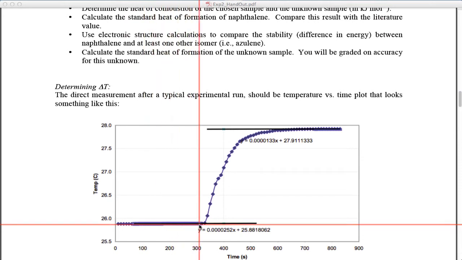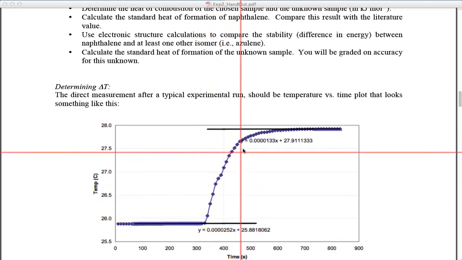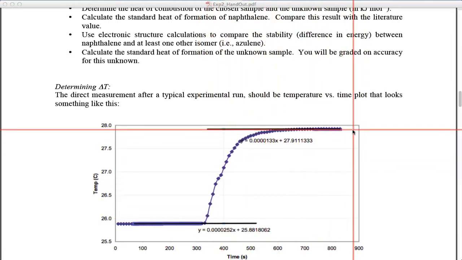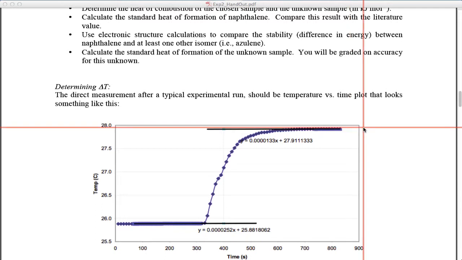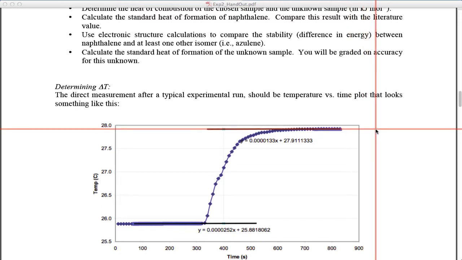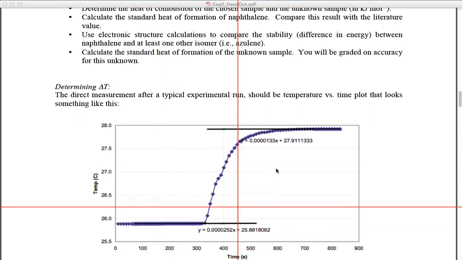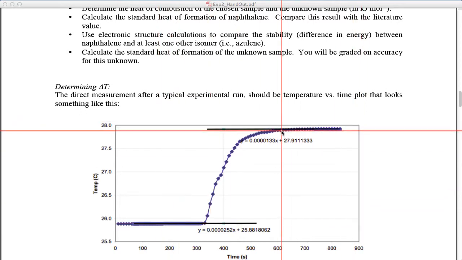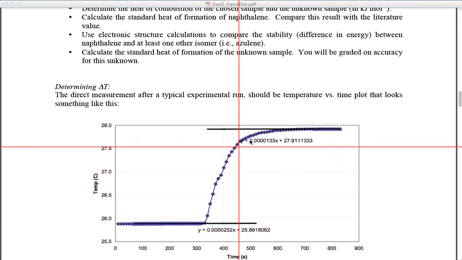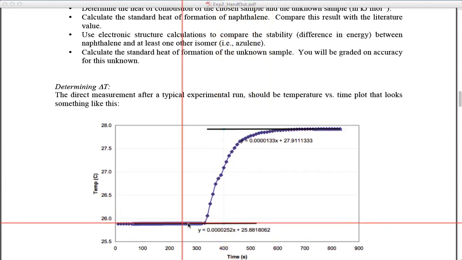You assume it goes to full combustion, and that raises the temperature within the bomb, and it eventually steadies out. And really the trick here is that usually this initial slope is not perfectly horizontal, neither is the final slope, and as you can see from some example data, it doesn't rise with a sudden delta T.